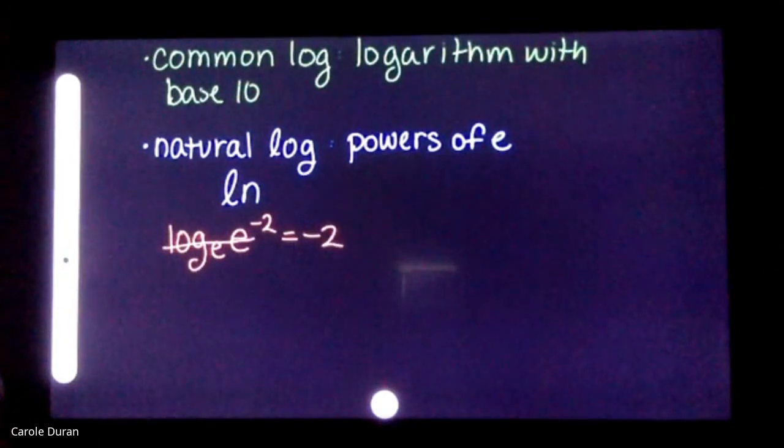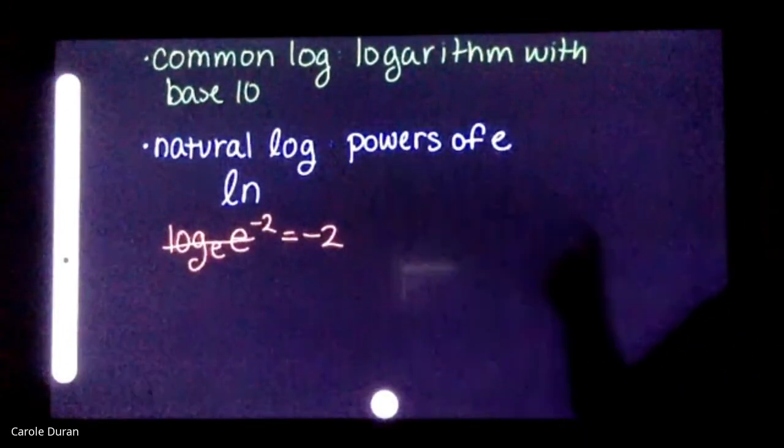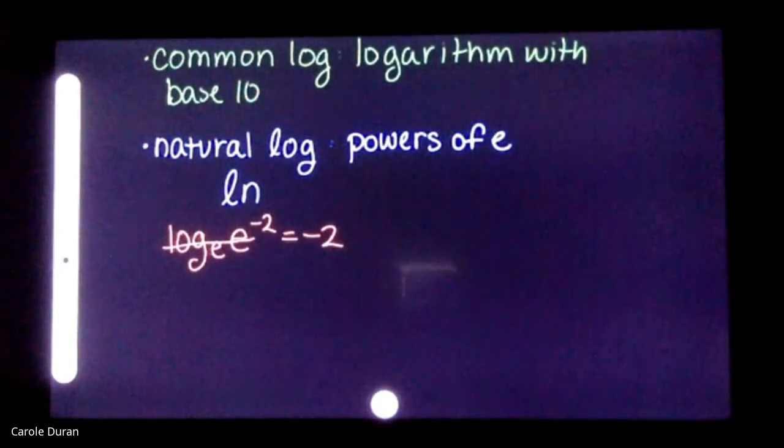So when I take a logarithm of base e to something, it's always going to cancel itself out. So it's a way of bringing an exponent down to our original level. We're not going to do a whole lot with canceling out using logarithms and e's, but it is good to know.